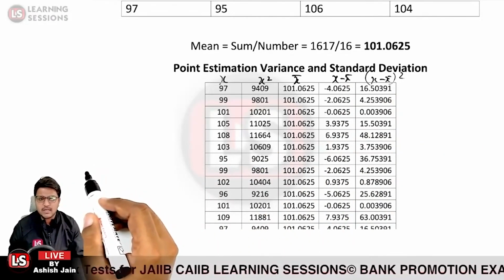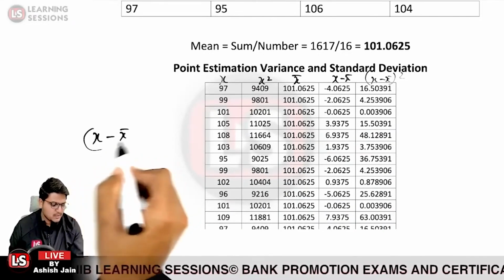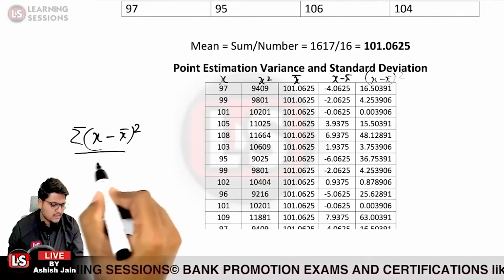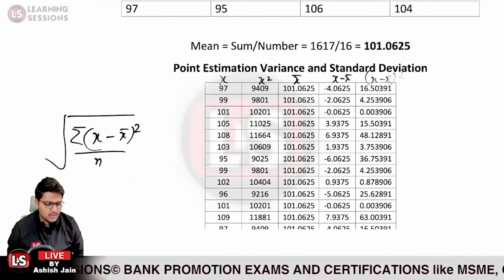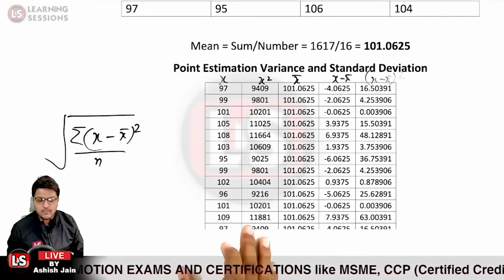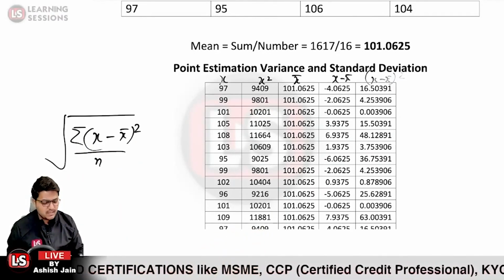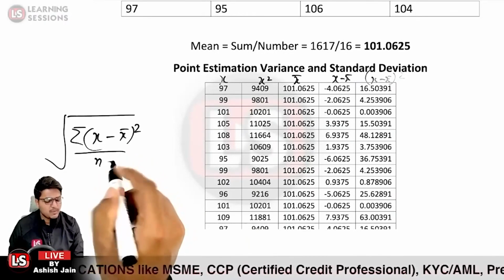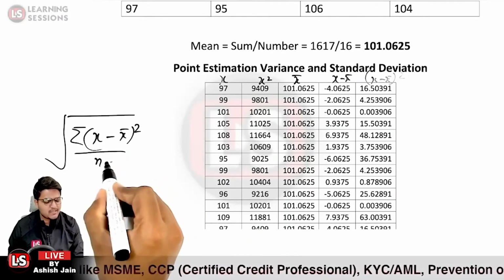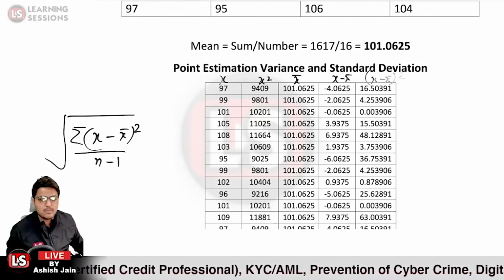The formula is the square root of the summation of x minus x bar whole square divided by n. But in this formula there is a biasness. That is why in the denominator we replace the term n by n minus 1, so as to remove the biasness.